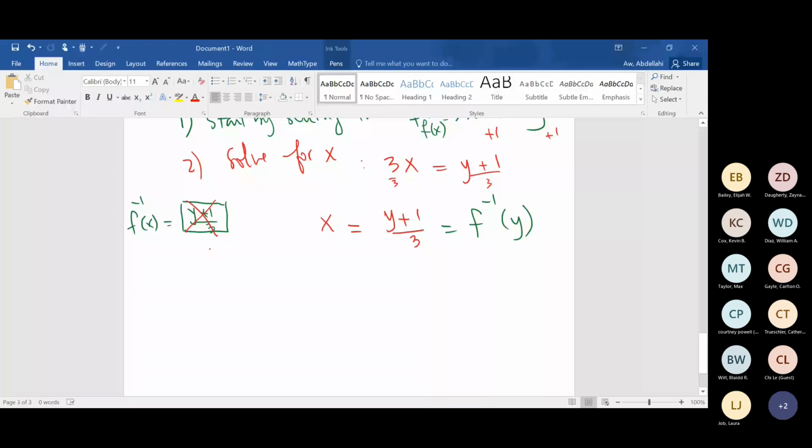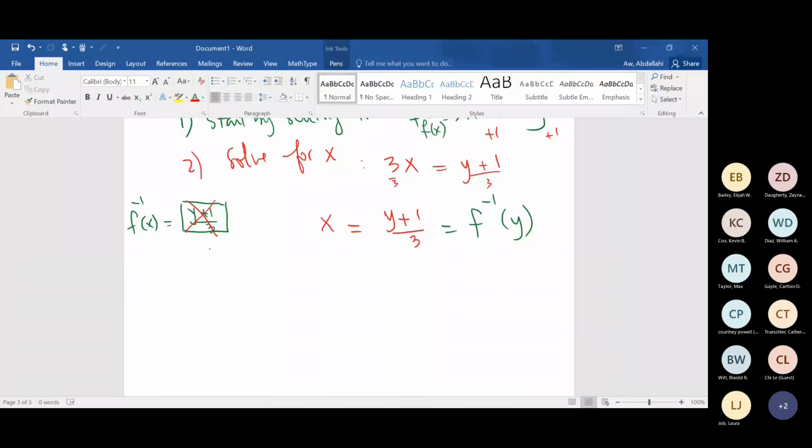So now what could be wrong in my writing? Like you might have to write y over 3 plus maybe 1 over 3. Okay, that could be, but mathematically it's exactly the same, so if Alex blames me for that, I'm going to be mad at Alex.